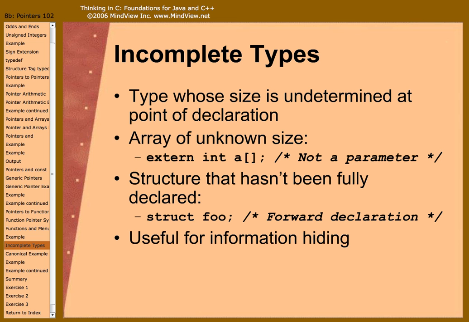But sometimes we may have a program, a set of functions, say, and all it does is use pointers to a certain type of structure. And in the declaration of these functions, for example, you're putting them into a header file, we don't need to know all the details about struct foo.